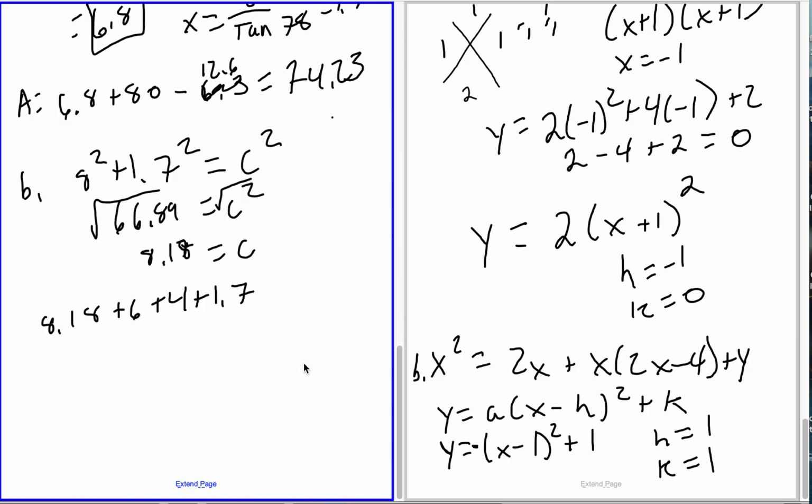Okay, to find the circumference, we go 2 pi r. My r is still 4. So we get 8 pi, and it's only a quarter, so we divide that by 4. So that's 2 pi.